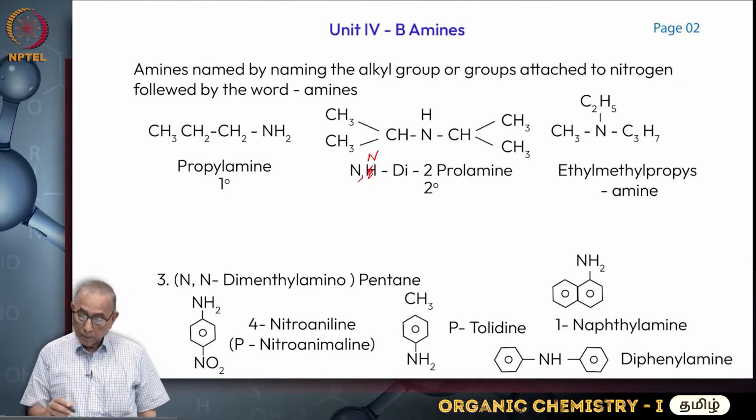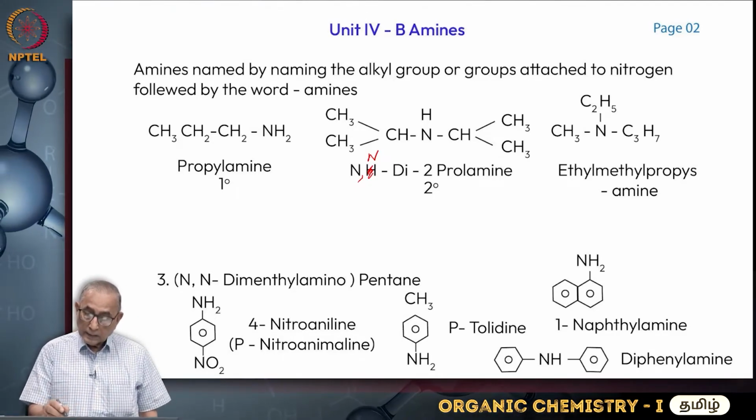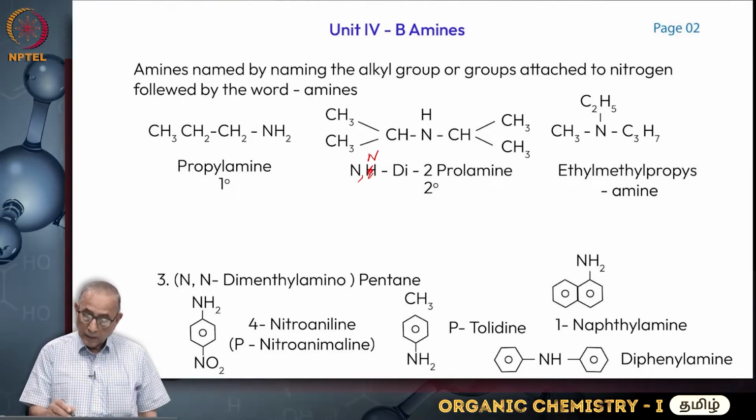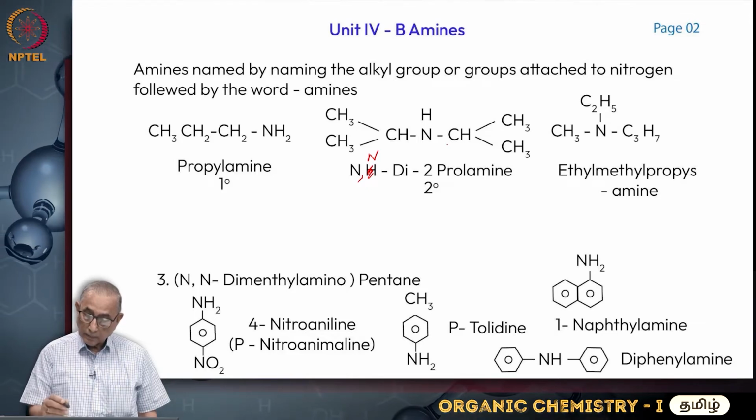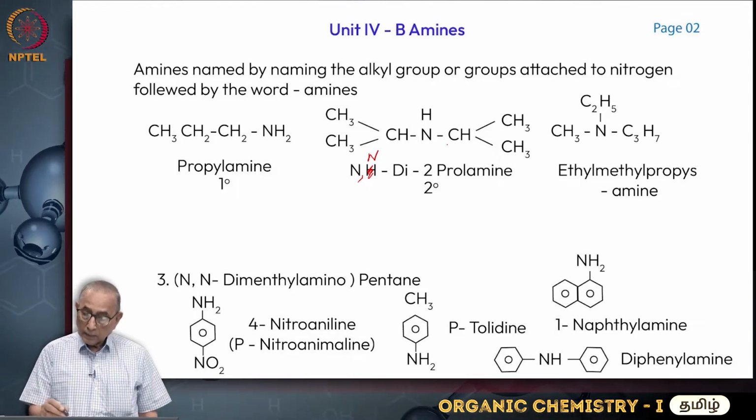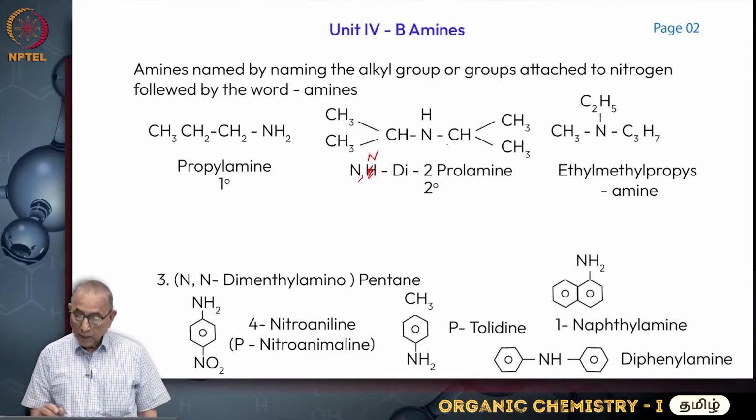It's not propyl group, it's isopropyl group. Because there are two groups, it is di. 2-propyl means it's attached to the nitrogen by the second carbon atom. If the first carbon atom is attached, we will just call it dipropylamine.